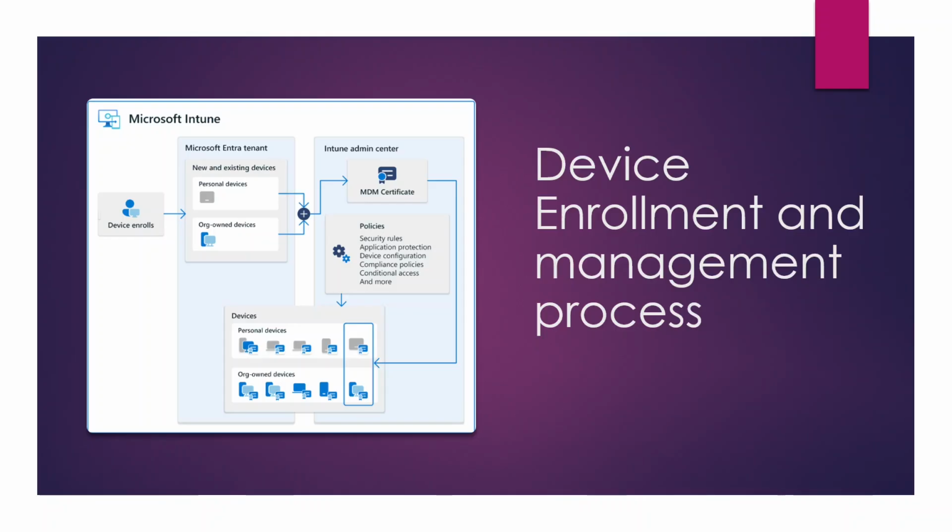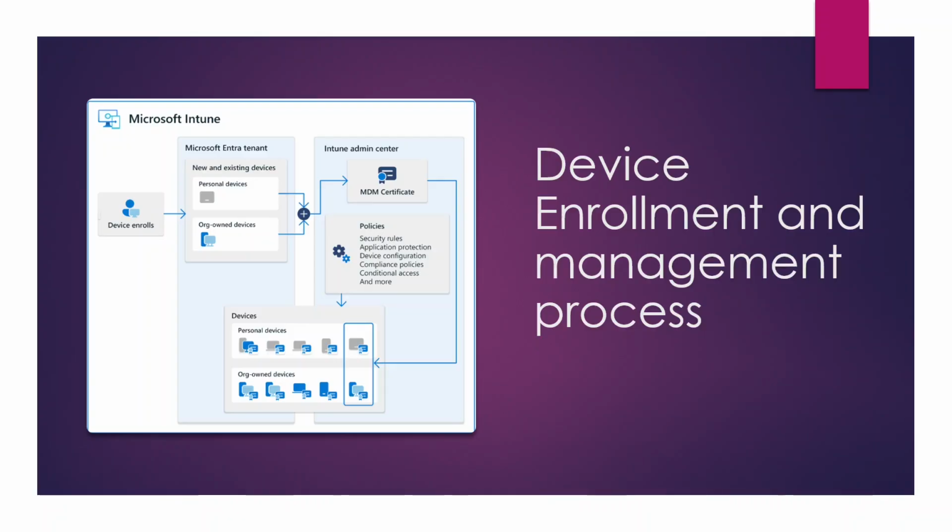After the device is successfully enrolled, Intune can begin applying organizational settings. These can include security rules, application protection policies, device configuration profiles, compliance policies, conditional access requirements, application deployments, and other management controls.